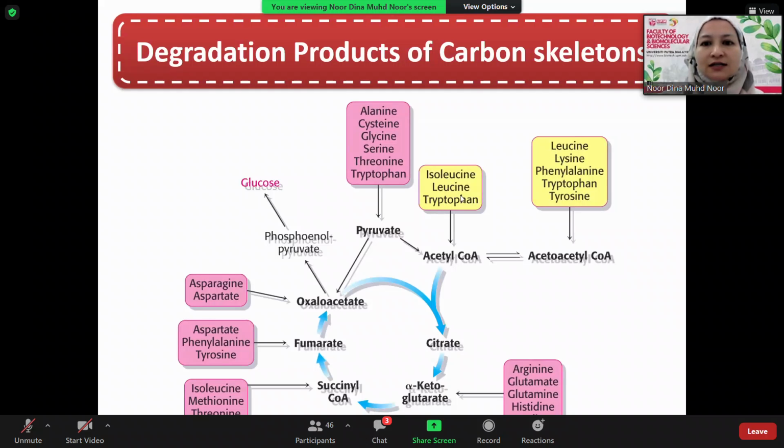The yellow ones are the ketogenic amino acids, and the ones in the red shade are the glucogenic amino acids.